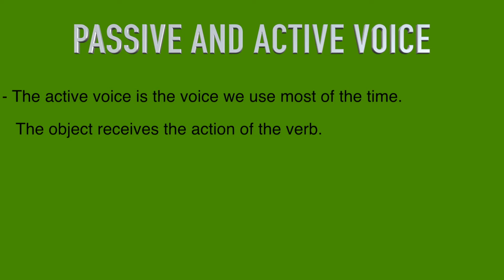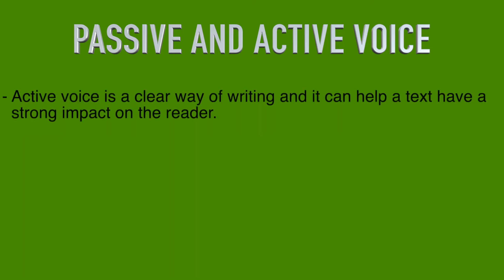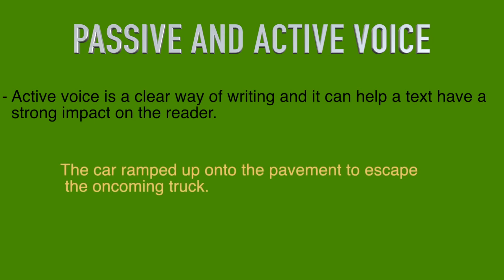In this voice, the object receives the action of the verb. Moreover, the active voice is a clear way of writing, and it can help a text have a strong impact on the reader. For example, the car rammed up onto the pavement to escape the oncoming truck.